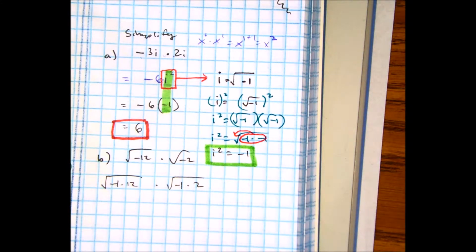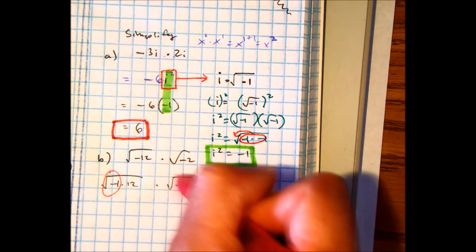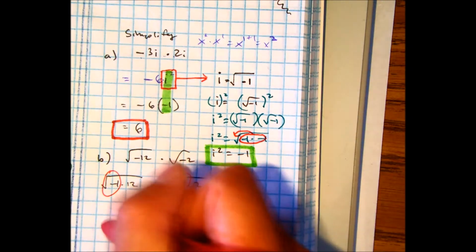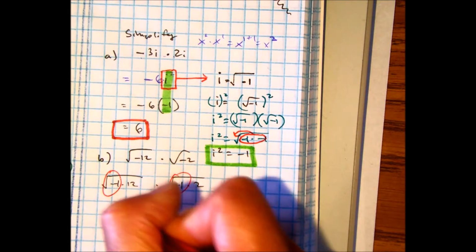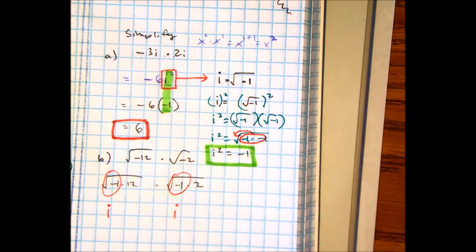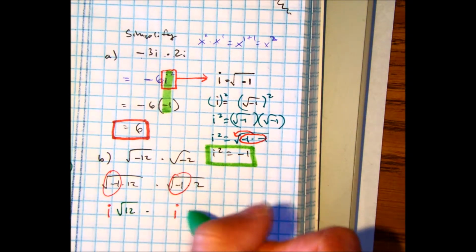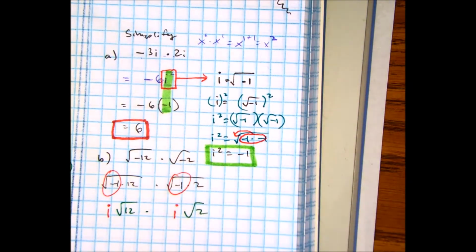Partner B, tell partner A, what do you know about the square root of negative 1? Ethan, what do we know about the square root of negative 1? That is I. So now I have the square root of 12 times the square root of 2.